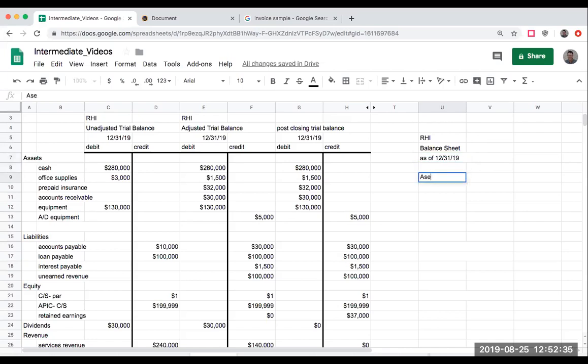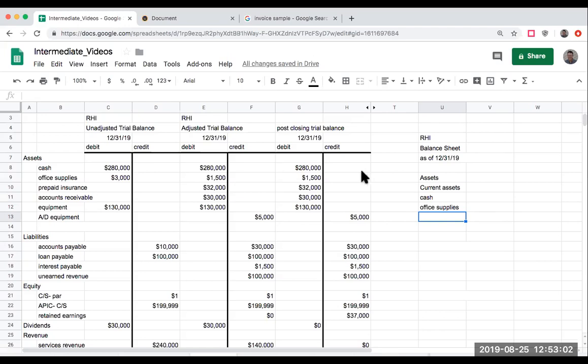So here I'm going to have my assets, and we're going to start over here with current assets. And my current assets are going to be cash, meaning anything that I'm going to be using within the next year, office supplies. Now, prepaid insurance is unique because why? Well, prepaid insurance, we have, I think, something on the line of about 16 months left on that policy, which is beyond a year.